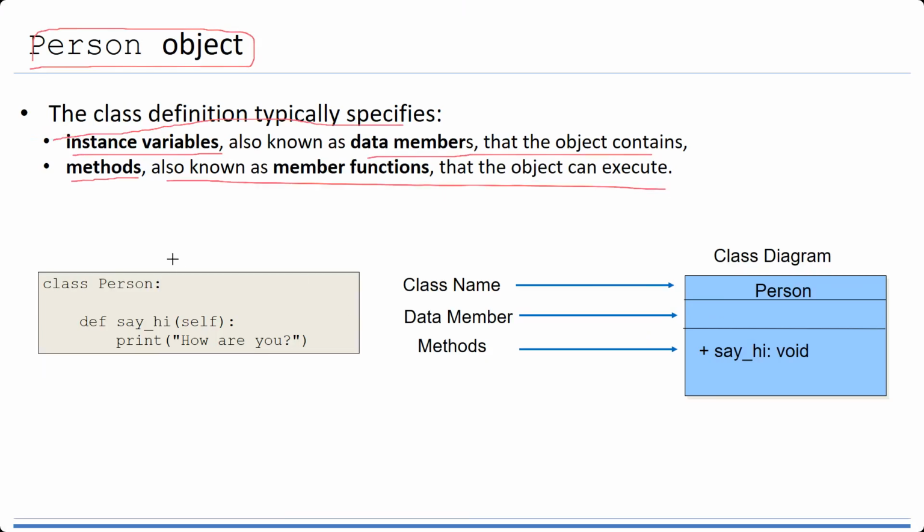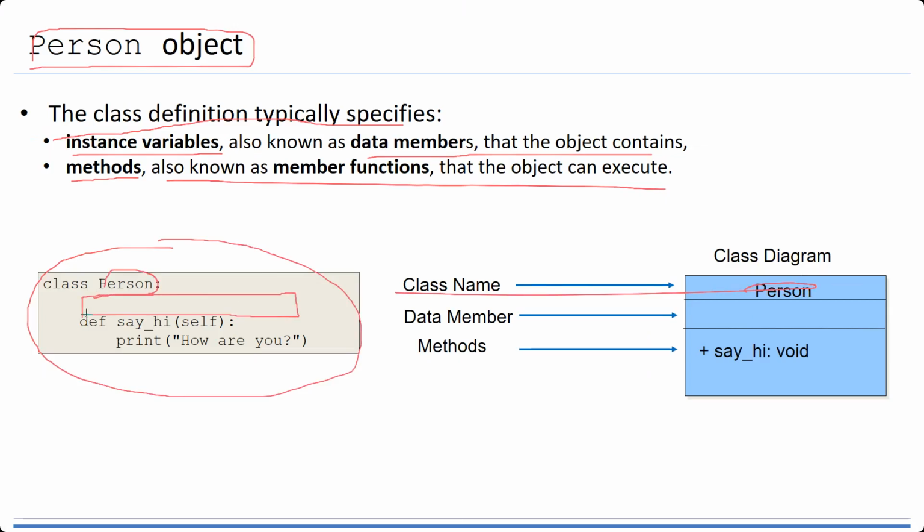For example, the class name in this class diagram is Person. In this section, usually we put the data members, but as you can see here, there is no data member, so that's empty. And then we have one method here.